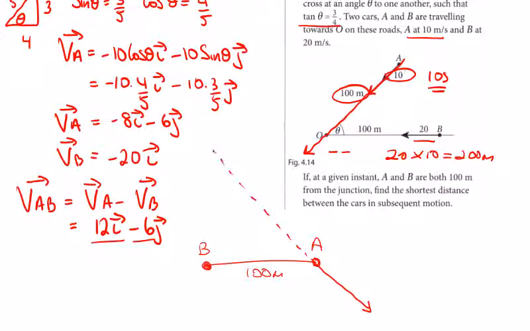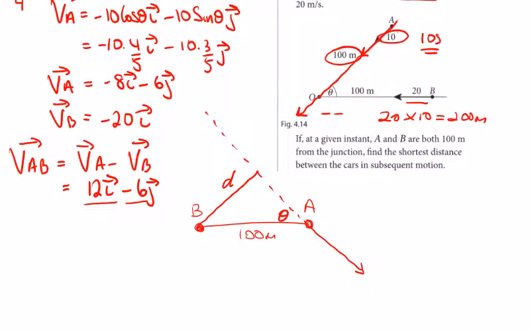We're going to be looking at this component back here to get this shortest distance D here. We have theta. We can say that the sine of theta is equal to distance opposite over hypotenuse. So 100 sine theta is equal to my distance.